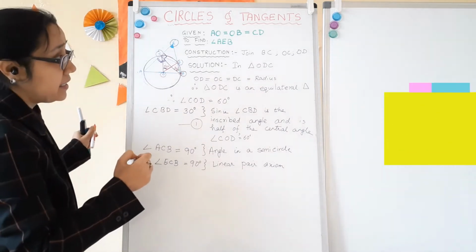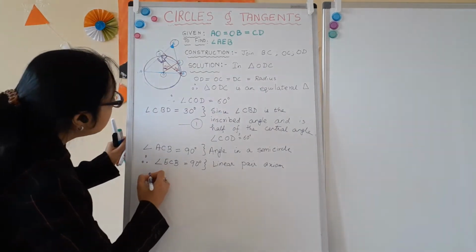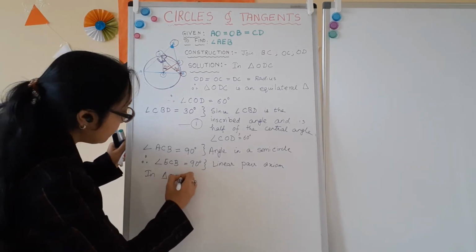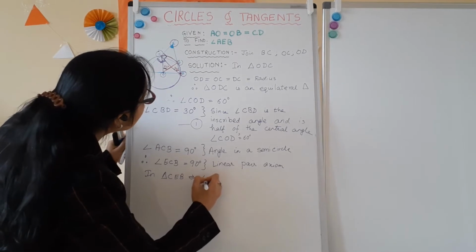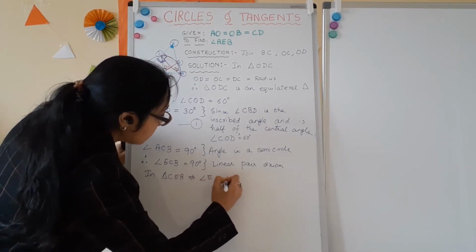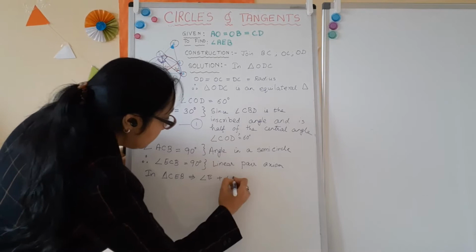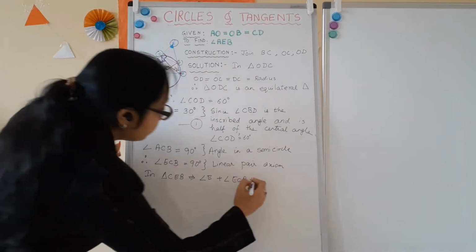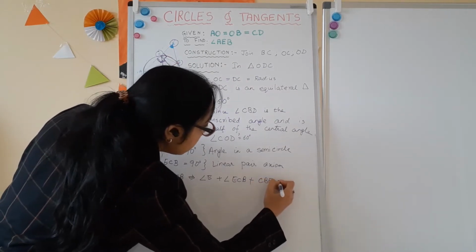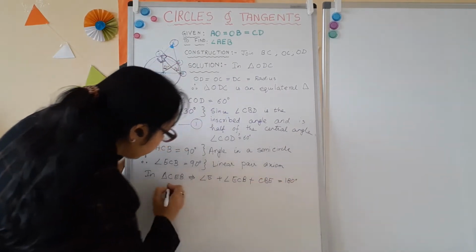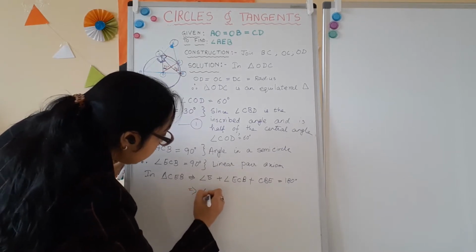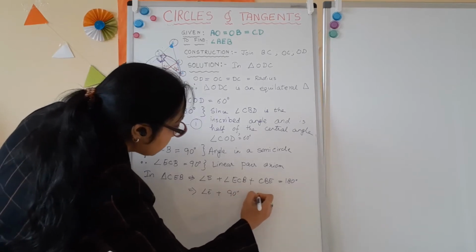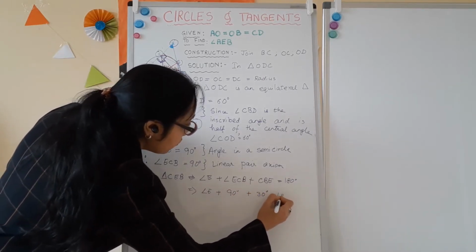So let's see here how we can say, therefore, in triangle CEB, angle E plus angle ECB plus angle CBE is equal to 180 degree, which means angle E plus, we know that this is 90 degree and we know that this is 30 degree, is equal to 180 degree.